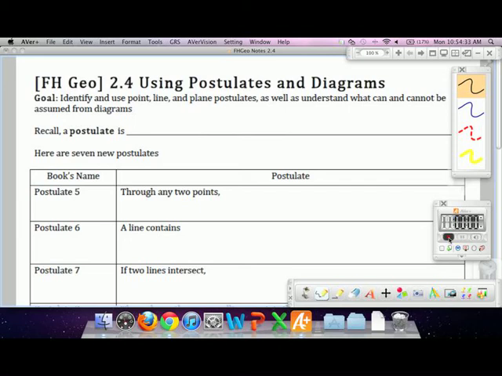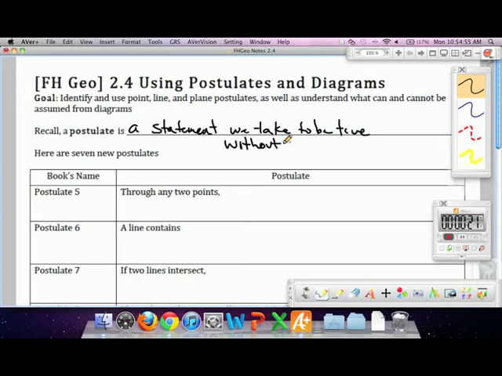A postulate, as we saw previously, is a statement we take to be true without proof. Sounds like you got pretty reasoning. Okay. Sorta.